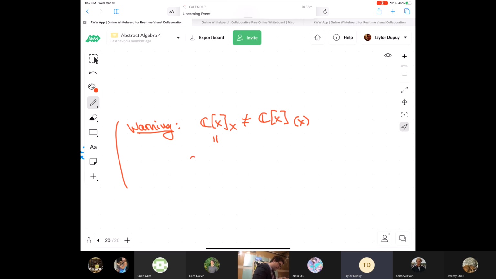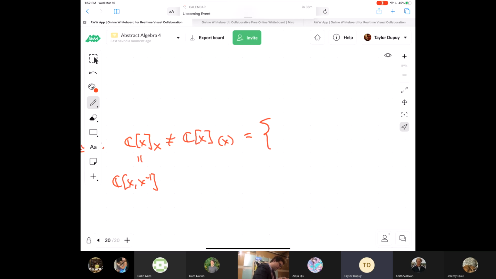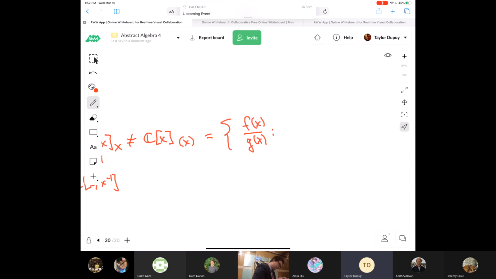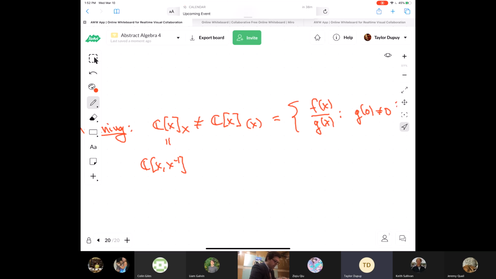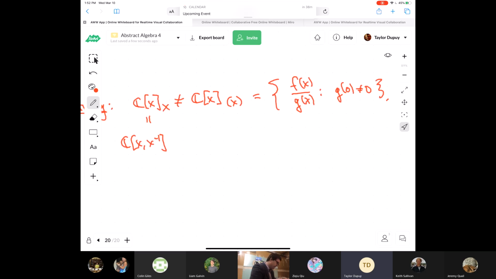So this one is the set of f(x) over g(x), where g(0) is not equal to 0. So it's like the opposite, right? Here we're allowed g(0) equal to 0. So in the picture here, let's do blue and green.